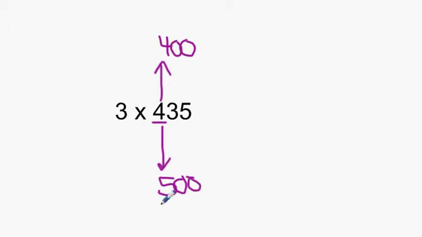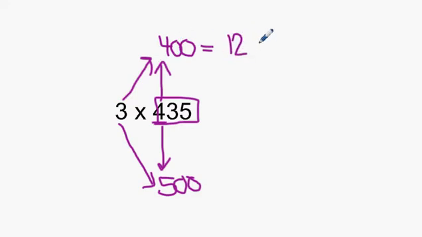When you have that choice between 400 and 500, this number is between both of these hundreds. So we're going to multiply 3 times 400 and 3 times 500. We already know from previous videos that 3 times 4 is 12, and that's in the hundreds, so we move that 1 over to make 1,200.